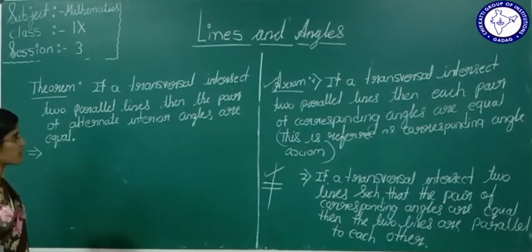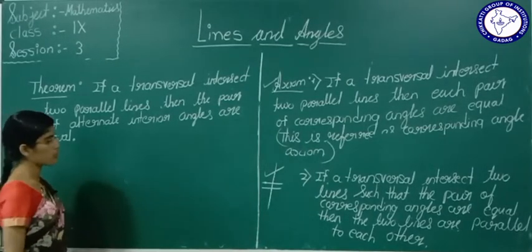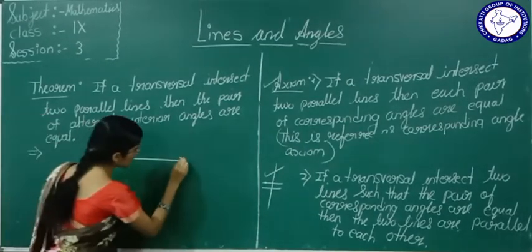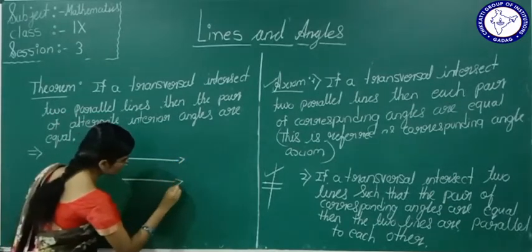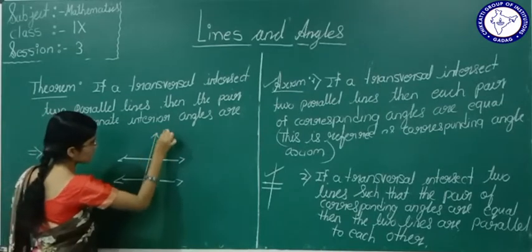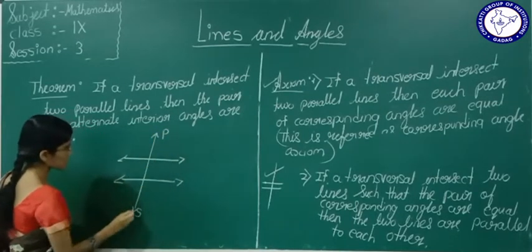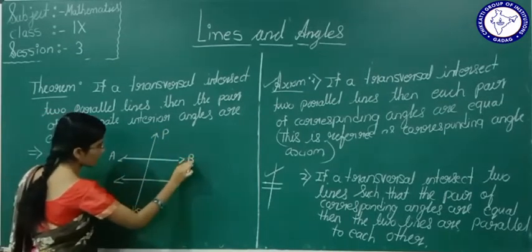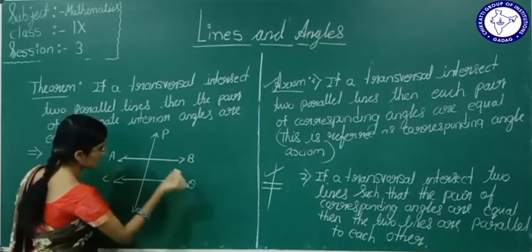Before going for the proof, whatever is given, we will draw a figure. If a transversal intersects two parallel lines, here PS is the transversal for lines AB and CD.